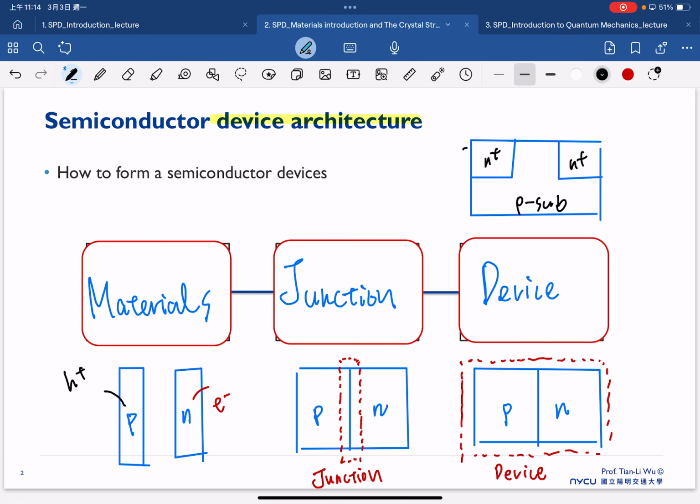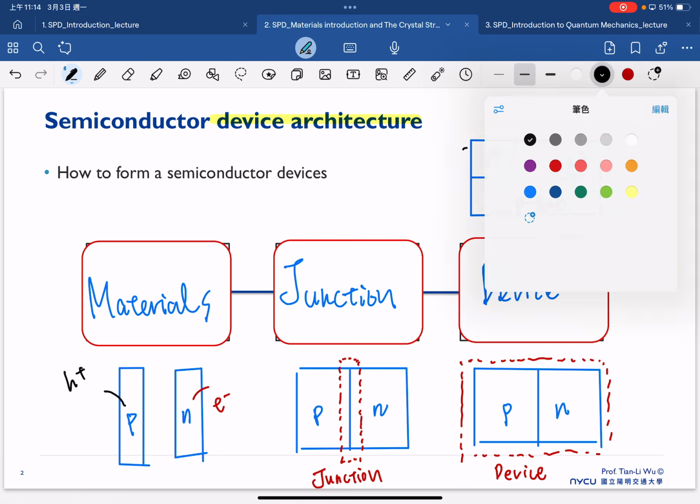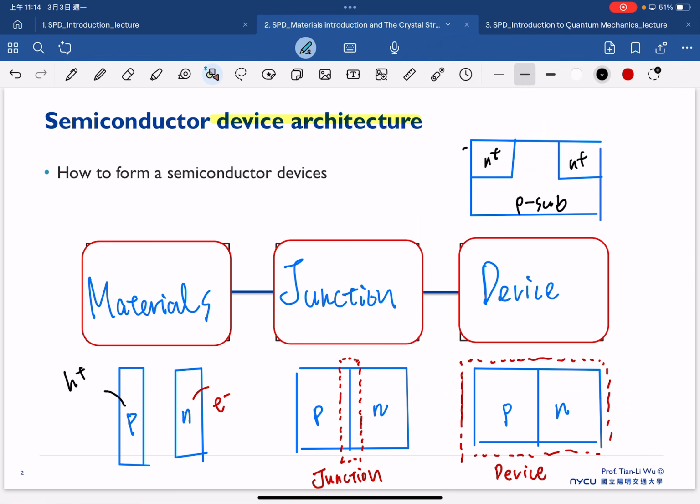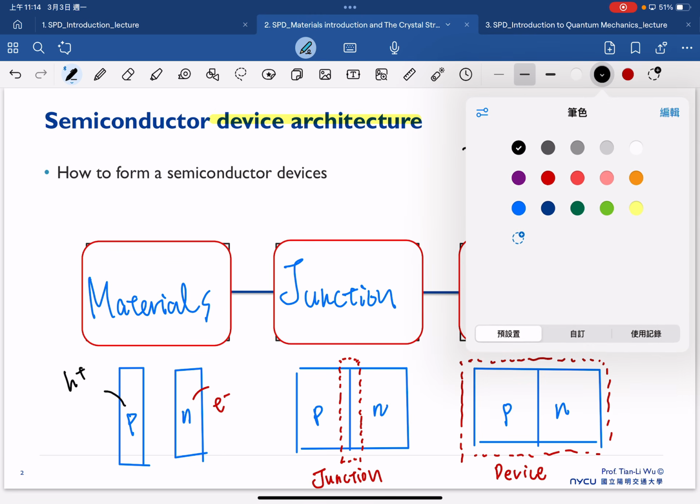And then on top of the substrate, we have the dielectric. We have a dielectric, which is silicon dioxide. And also, we have the gate.